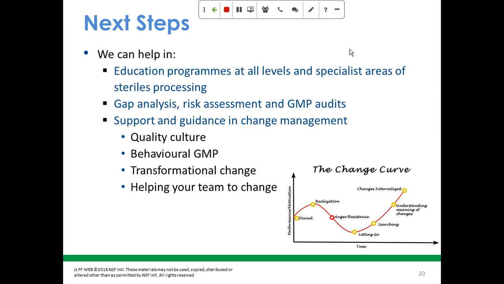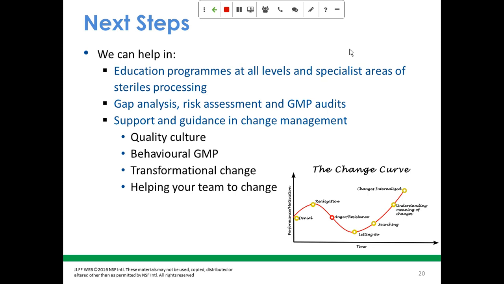There's an awful lot of things we can help you with, shown on slide 20, but fundamentally, what we'd like to help you with is that change curve. So whenever there's a new regulation or a directive or a new expectation, a new part of EudraLex or a new annex, the first stage when it comes out is denial. People, particularly if they've not been part of the generation process or review process or have been unaware of the change, denial and anger and rejection is the first step.